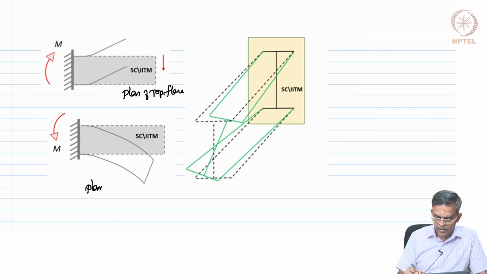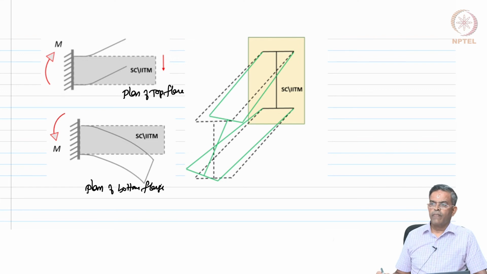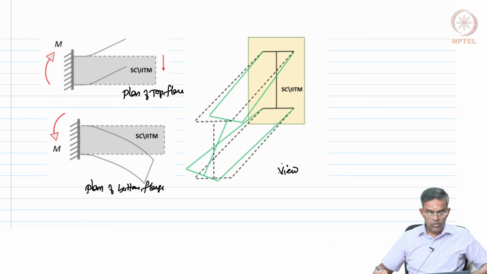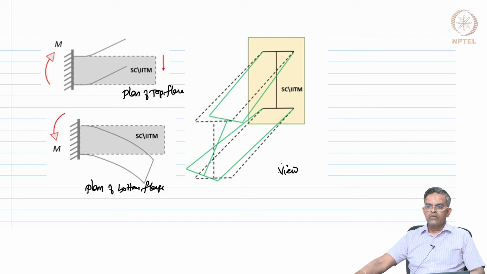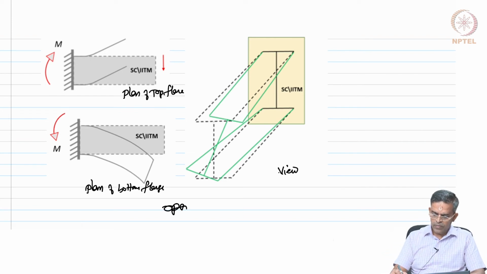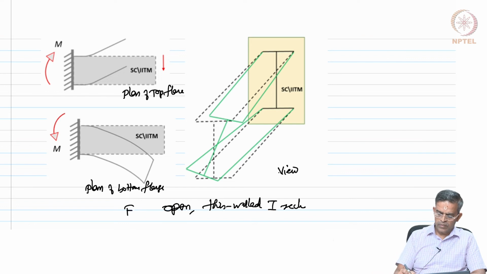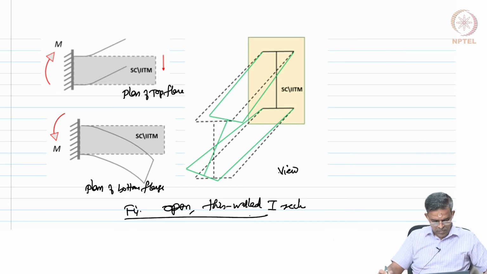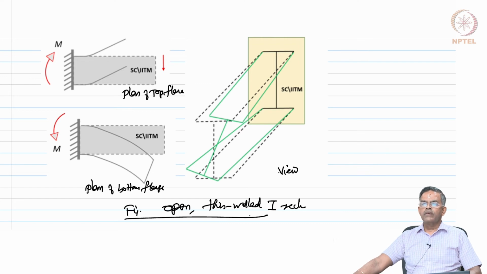This is plan of the bottom flange. And this is simply a view shown here. It is an open thin walled I section. Okay. Let us consider this figure with I section fixed at 1 end.